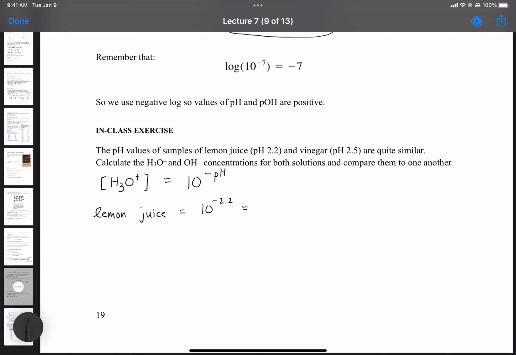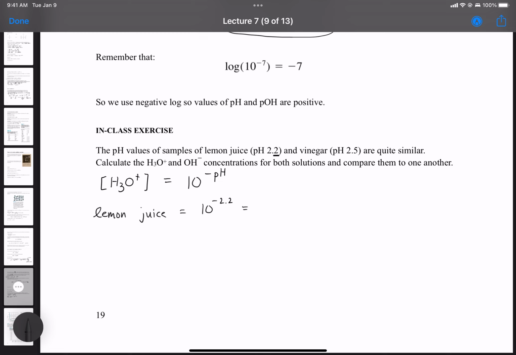If we carry out that calculation, since there's only one decimal point in our pH value, we should really only carry it out to about 1 sig fig, but we can carry it out a little bit more here.